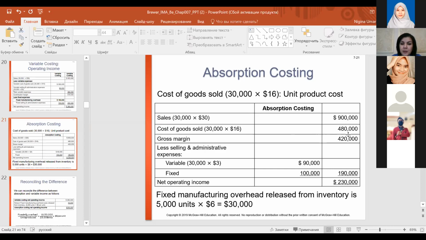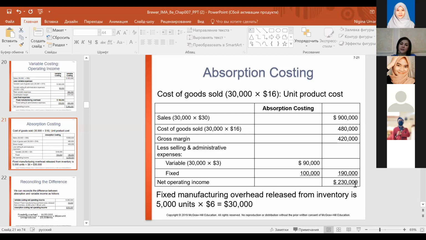So we multiply, and the cost of goods sold is 480,000. If we subtract, we receive gross margin. From gross margin, we then subtract selling and administrative, variable and fixed. And net operating income is 230,000.